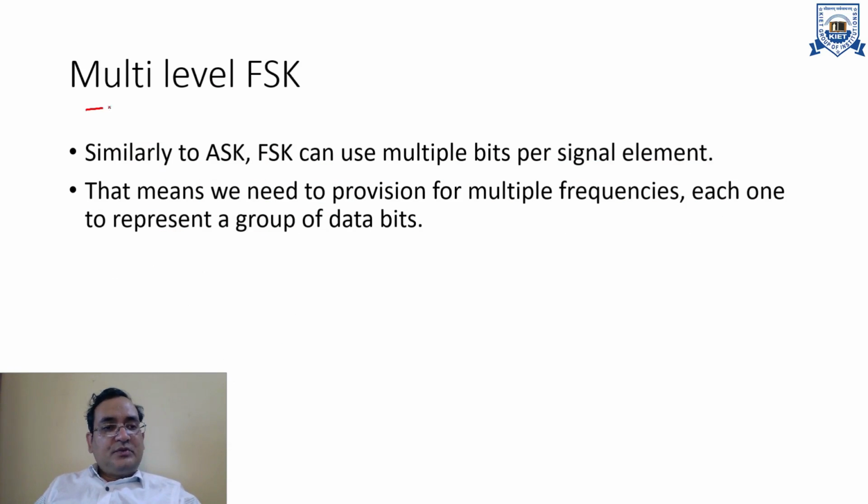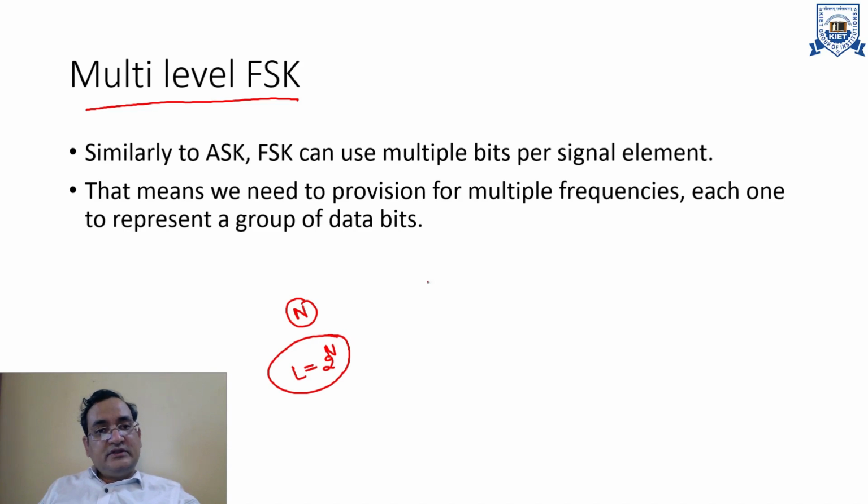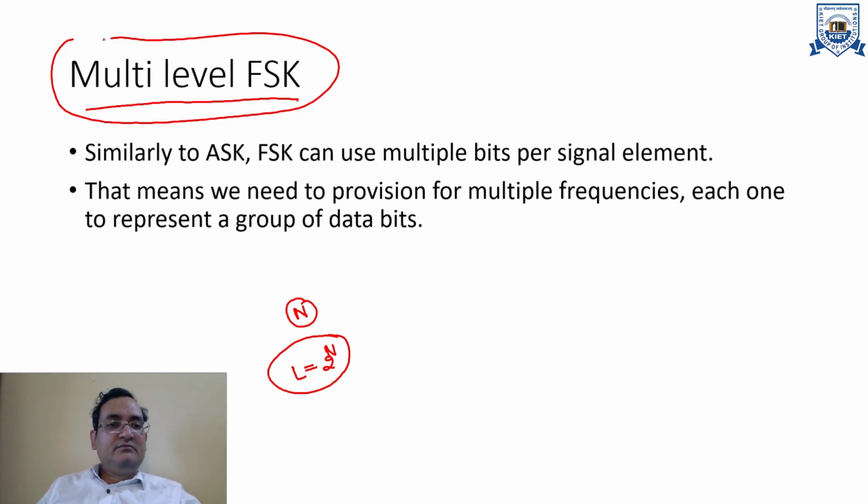Now there is also the possibility of multi-level FSK, in which you transmit a number of symbols, and one symbol is considered as a number of bits n, let us suppose. So L, the total number of symbols, will become 2 to the power n. When you consider more than one bit in a symbol, then you will definitely adhere to multi-level FSK. So similar to ASK, FSK can be used with multiple bits per signal element.